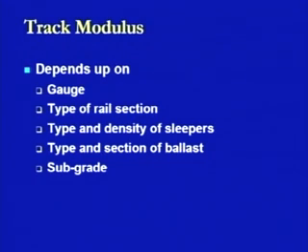Another component of this track is the rail section. What type of rail section we are using is another important thing. When we talk about the type of the rail section, we are mostly related to the sectional area of that rail section, or the ultimate tensile strength of the rail section, which will be resisting the total loads coming from the top or from the sides.